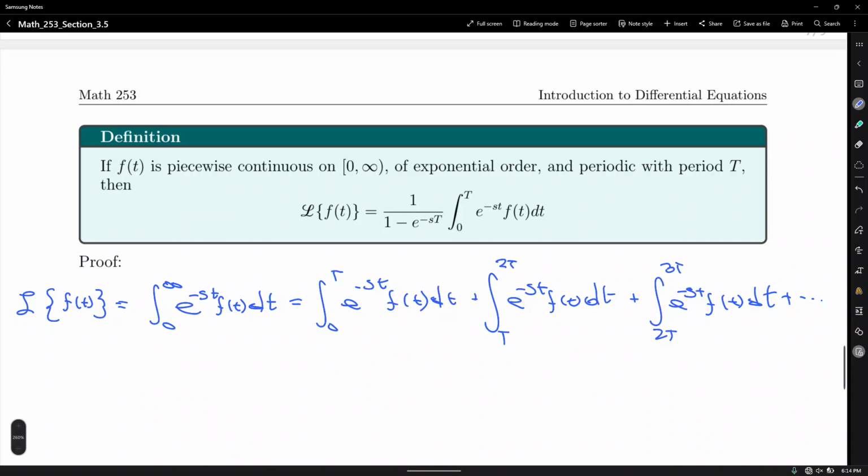Okay, so we need to talk about these limits of integration. I would like to make a substitution here.